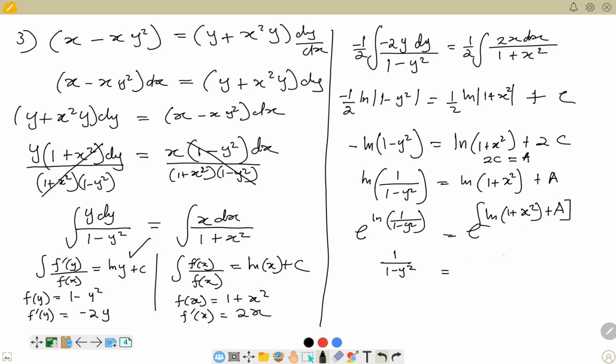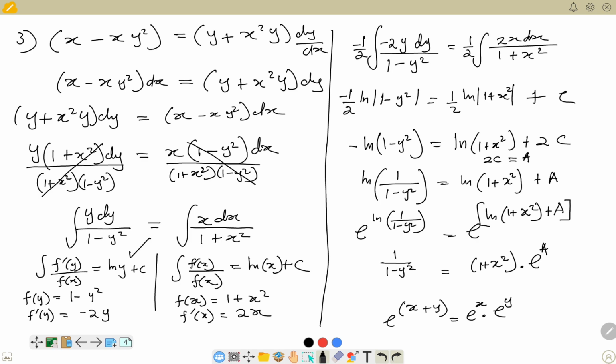So here we are simply going to have 1 plus x squared times e to the power a, because we can see that if we have e to the power x plus y, this is the same as e to the power x times e to the power y.